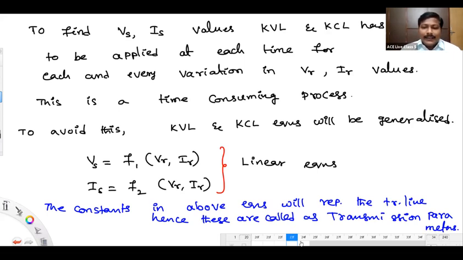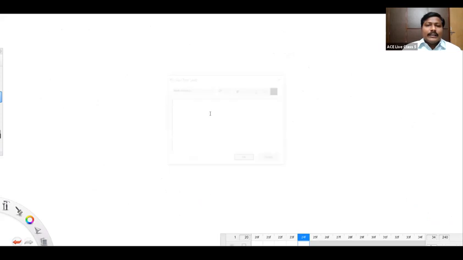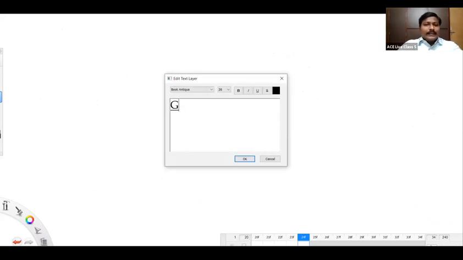So I'm moving to the next slide. I'll say here generalized circuit constants, or you can say ABCD parameters.